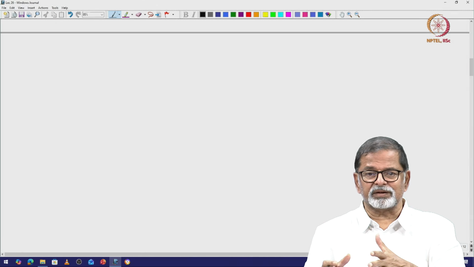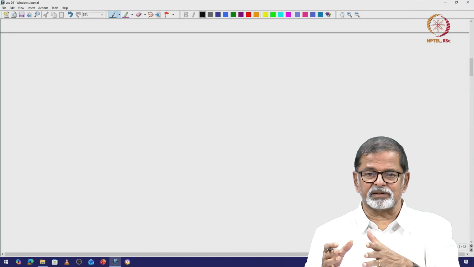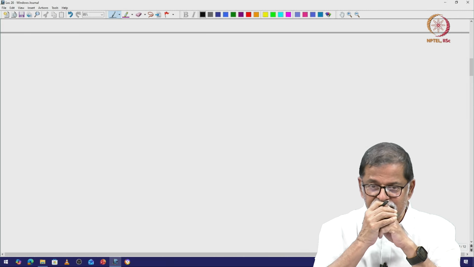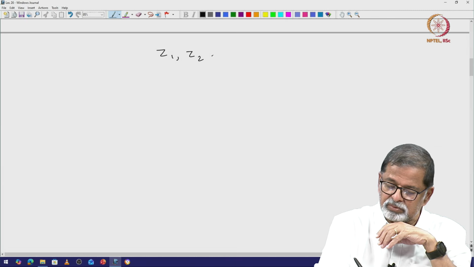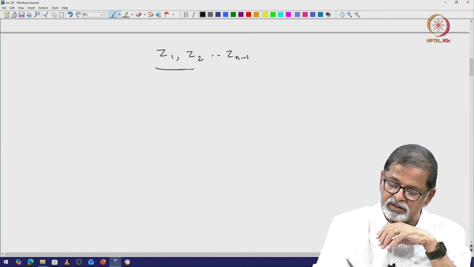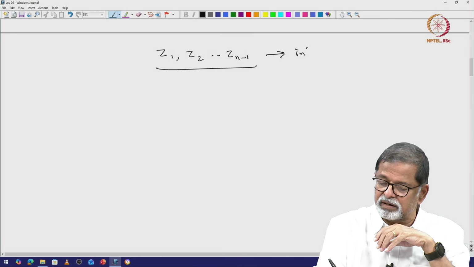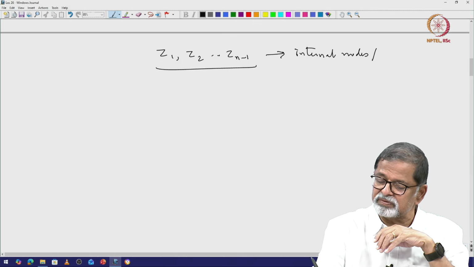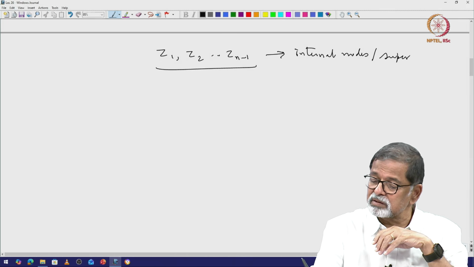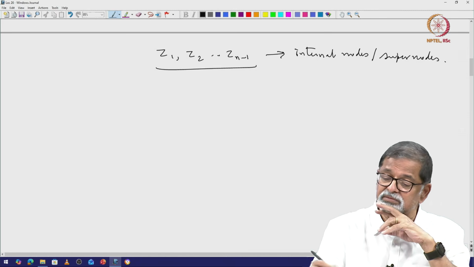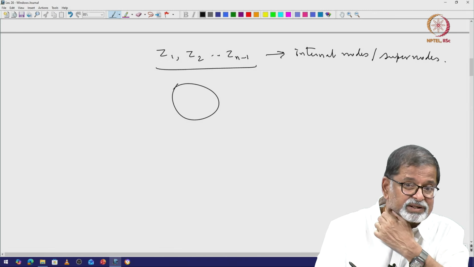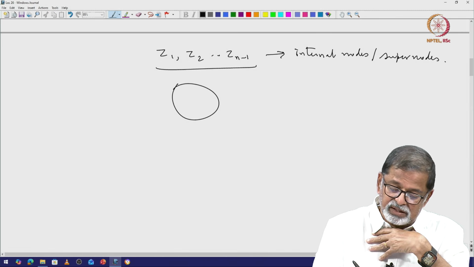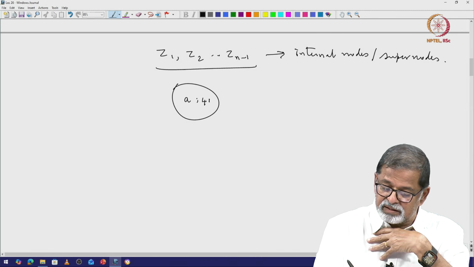We refer to the internal nodes as super nodes, and we use the symbols Z1, Z2 to Zn minus 1 for them. Each node will have a character and a frequency associated with it.